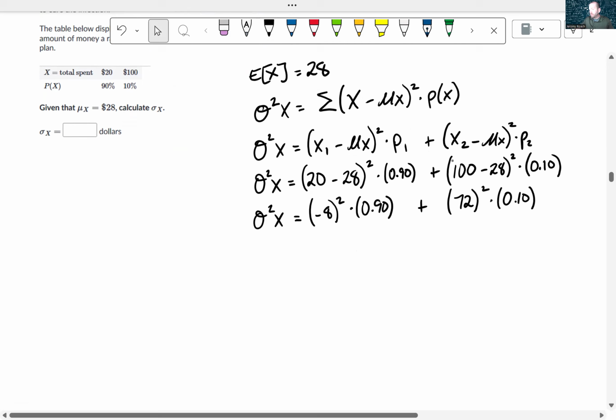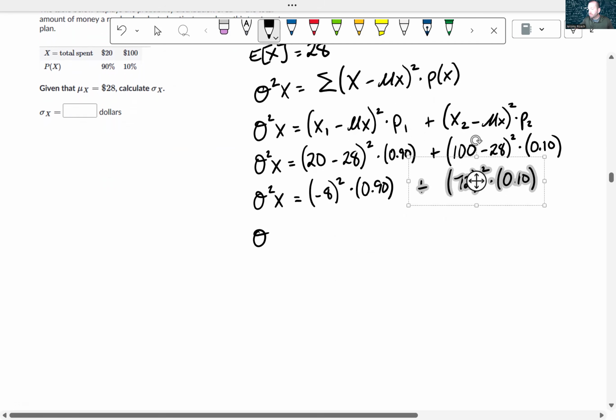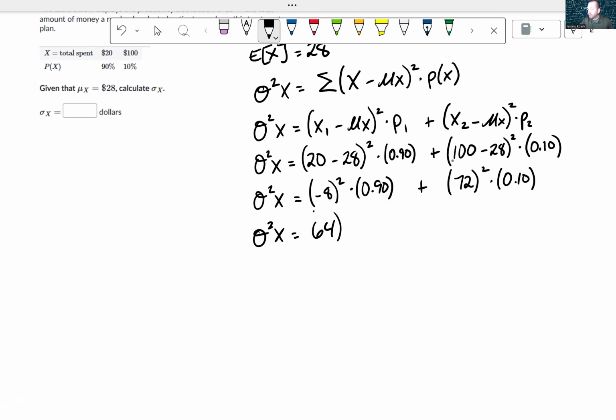And we should get a fairly large number for that 72 squared. This becomes positive 64 times 0.90 plus 5,184 for 72 squared times 0.10.